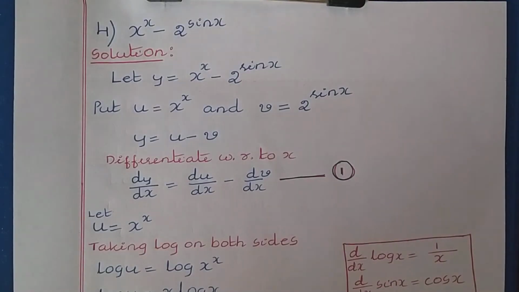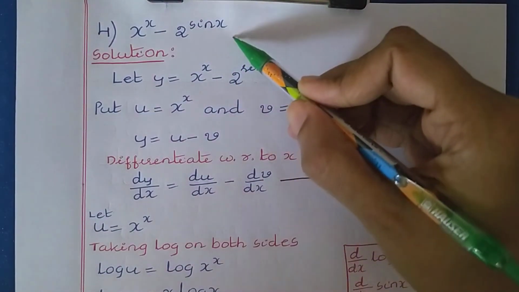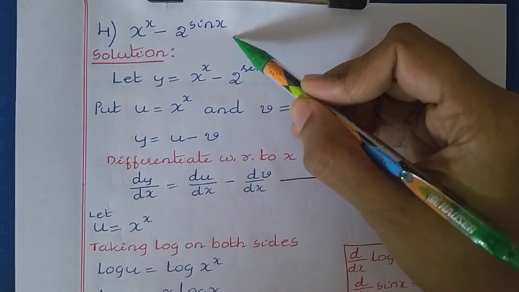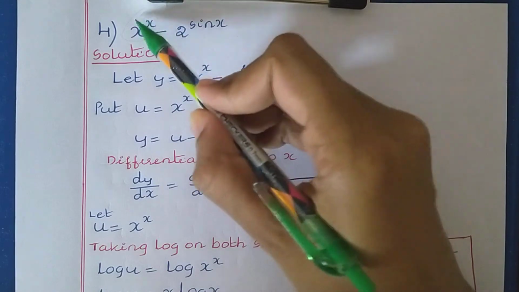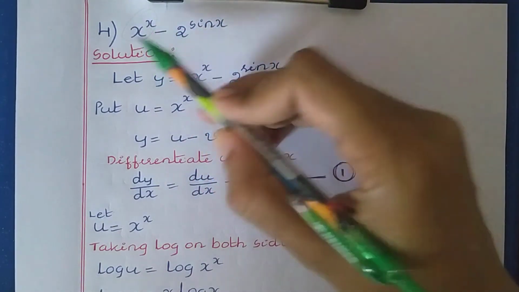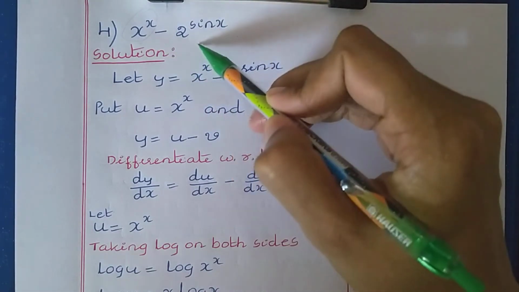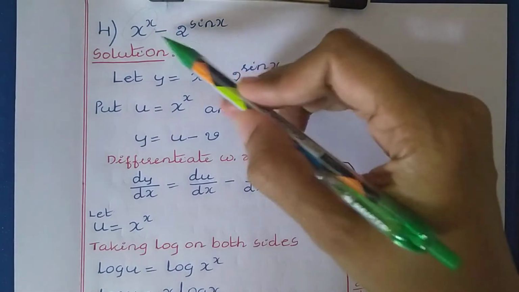Question number 4, x to the power x minus 2 to the power sin x. Here, in this case also, we have to apply the logarithmic differentiation. But you can see we have the function which is in the form function to the power function. There are two functions here. So that's why first we separately find the logarithmic differentiation for each function.